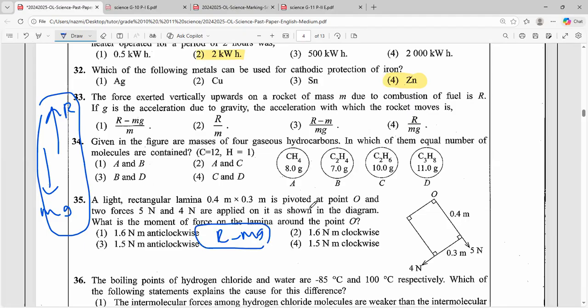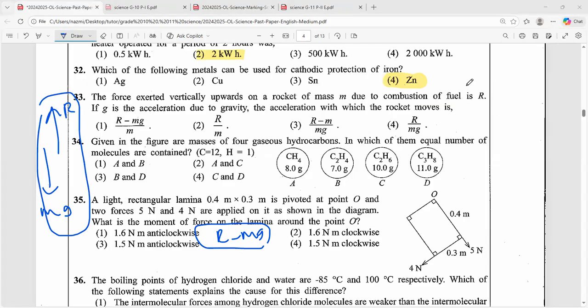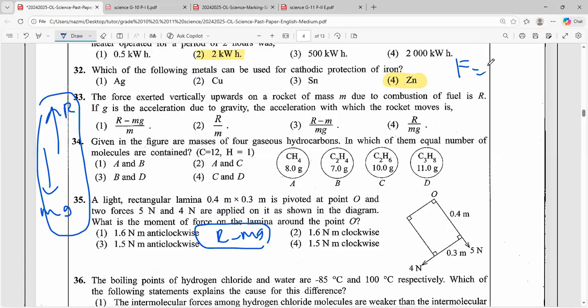How do you find the acceleration? What is the equation to find it? Acceleration is velocity over time, but now here we don't know velocity, so you have to use the other one. F equals ma. Force equals mass into acceleration.